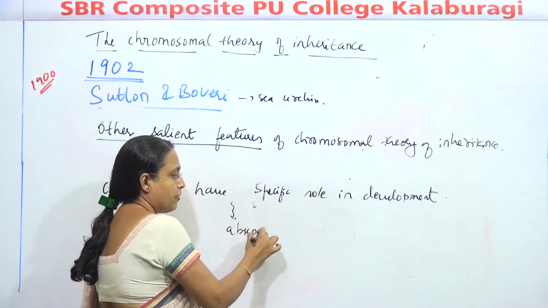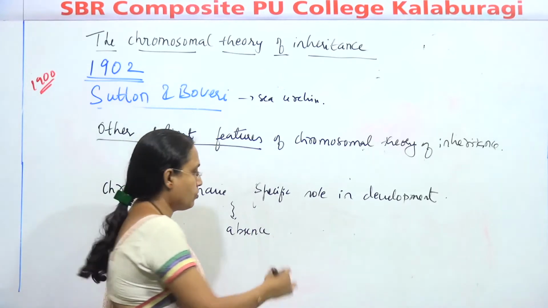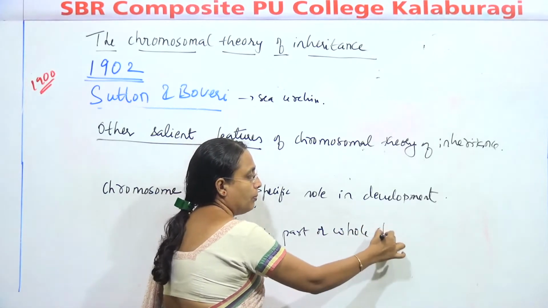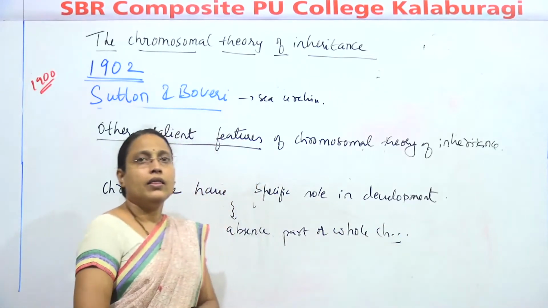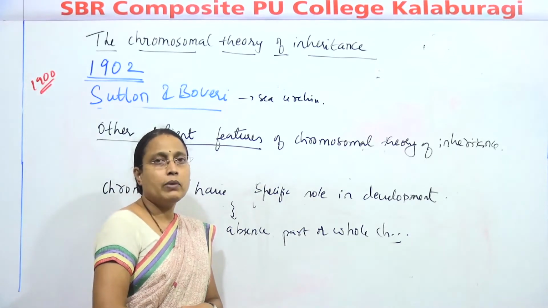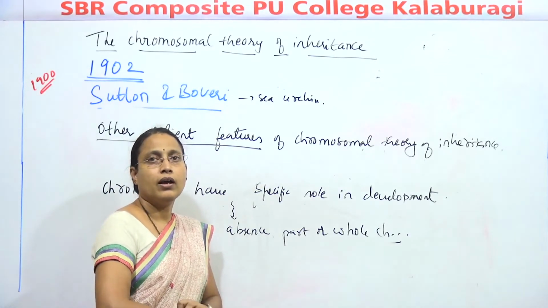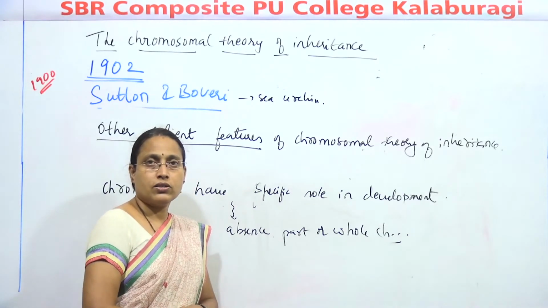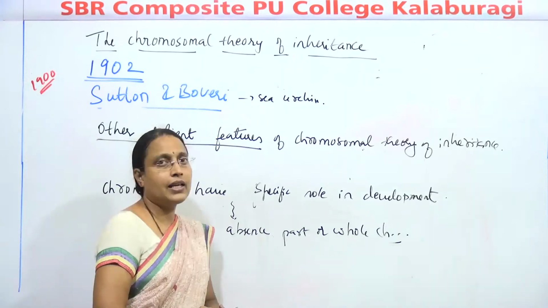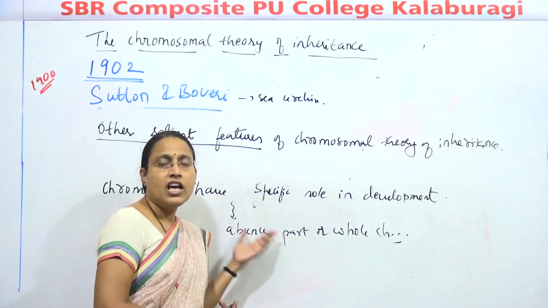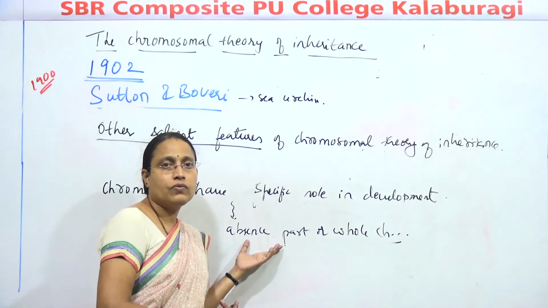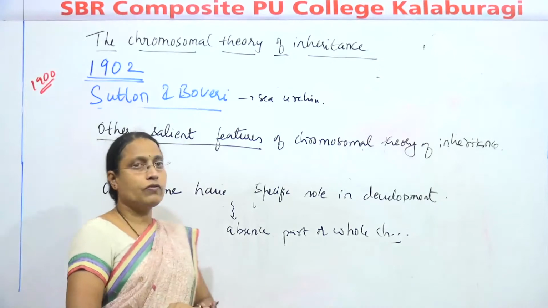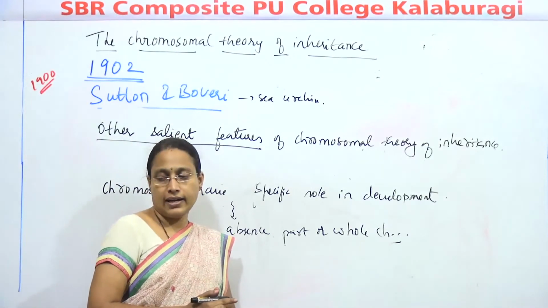Absence of part or whole of a chromosome will result in a defect in development, or development cannot occur at all. Development means how embryogenesis occurs, and that can be affected if chromosomes are missing. Therefore, chromosomes are very useful for development. This is another salient feature of the chromosomal theory of inheritance.